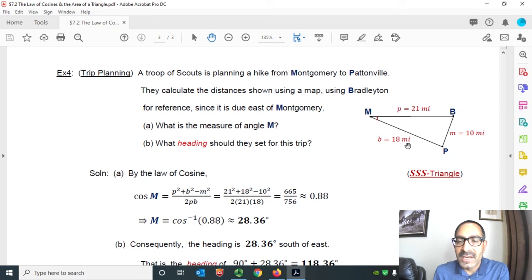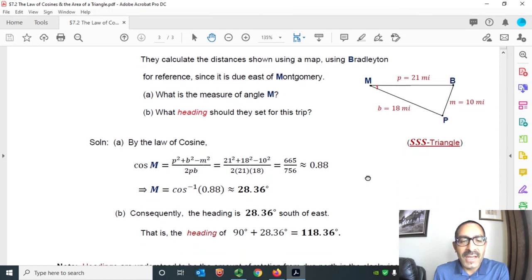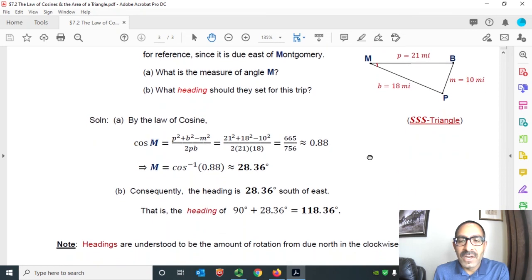So here the three sides are given. So obviously we are using the cosine law to find the missing angles. B, what heading should they set for this trip? So let's begin the solutions. First part A, by the law of cosines.